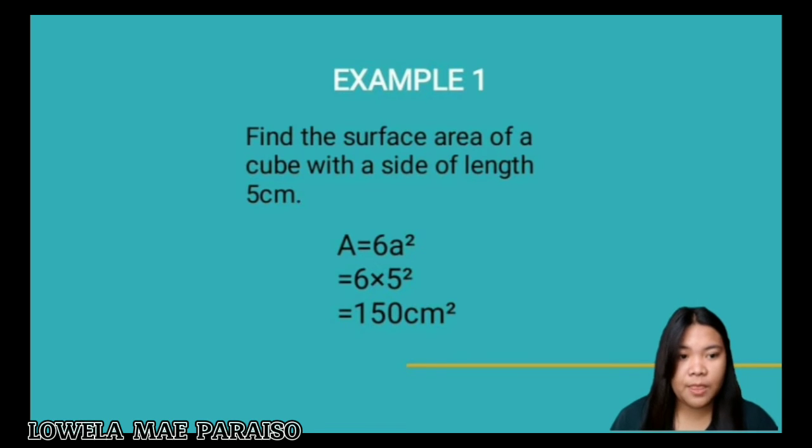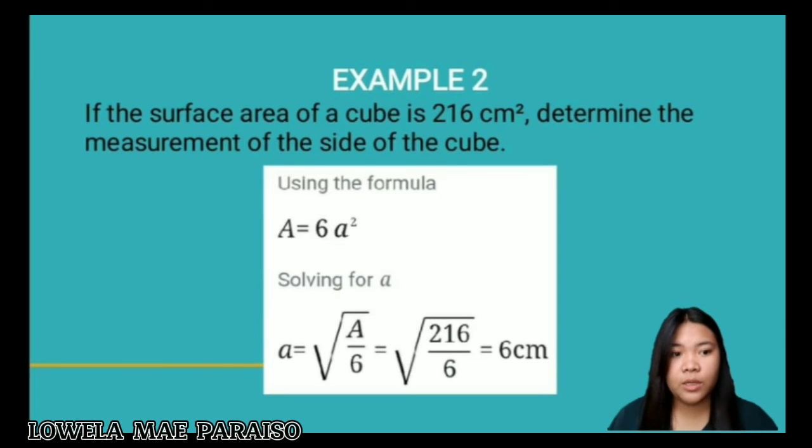That's the formula. 6 multiplied by 5 squared is equal to 150 centimeters squared. So, example number 2. If the surface area of a cube is 216 centimeters squared, determine the measurement of the side of the cube.